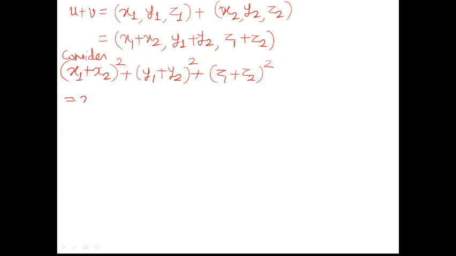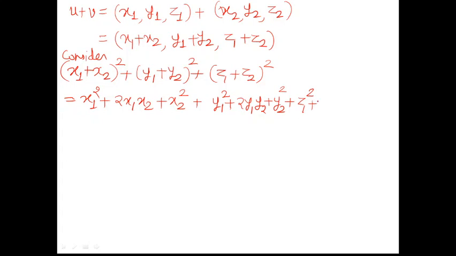It will be x1 square plus 2x1 x2 plus x2 square, plus similarly y1 square plus 2y1 y2 plus y2 square, and then z1 square plus 2z1 z2 plus z2 square.